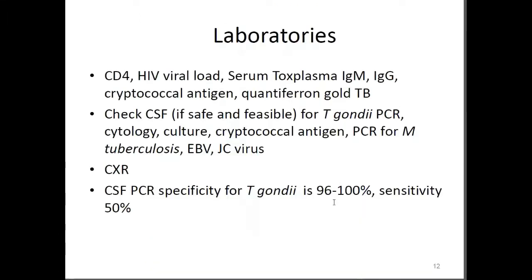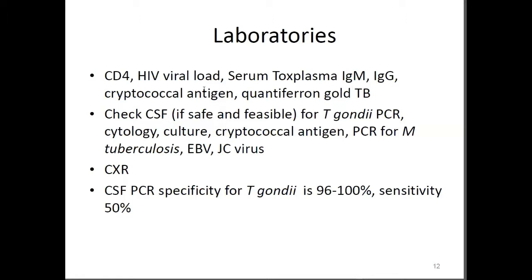The common laboratories that we send for patients with CNS lesion include CD4 count, HIV viral load, serum toxoplasma IgM and IgG, even though IgM is likely to be negative because it is usually caused by reactivation rather than new infection. We can send a cryptococcal antigen and an interferon-gamma release assay for TB, because in some cases tuberculoma can present with a mass lesion.